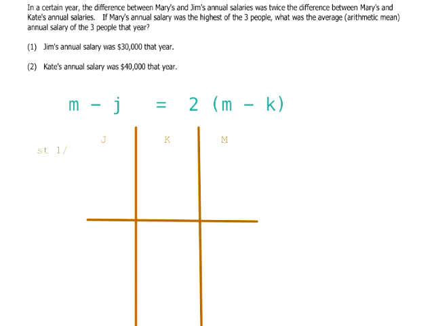So for statement 1, you have to pick 30,000 for J. Let's just put 30, so we don't need to keep putting the zeros there. So, if M is, let's say, 50, then M minus J is 20. So that means that that would have to be 10, and so K would have to be 40, and then the average is 40.